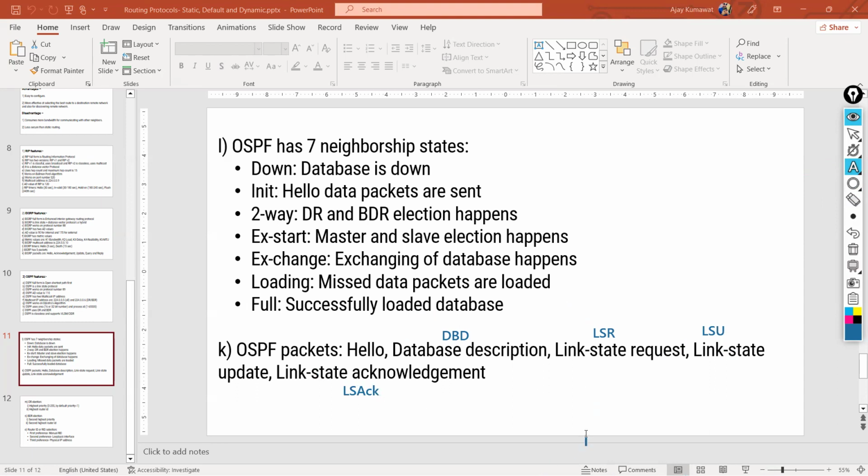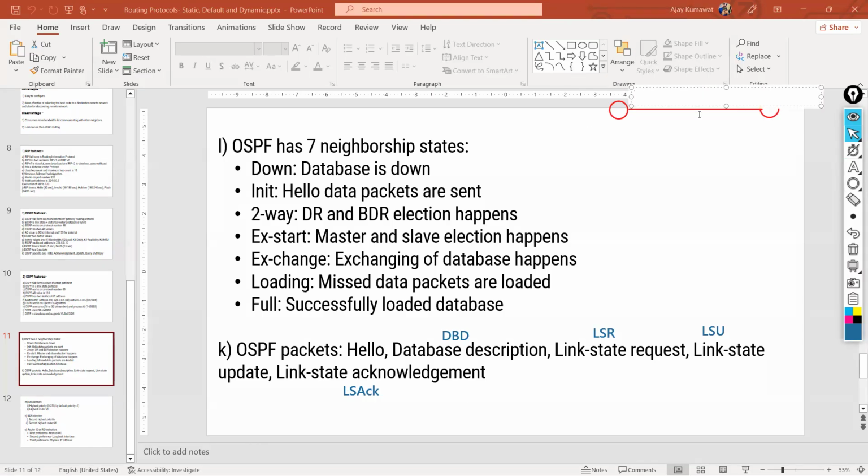Now, let's consider you have 2 routers. This is router number 1, this is router number 2, and they are connected. You can consider their IP addresses.